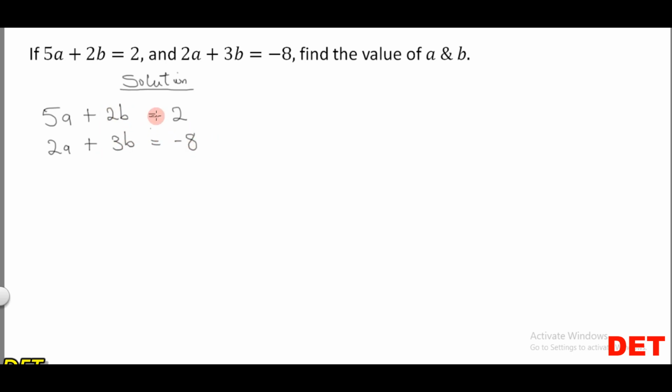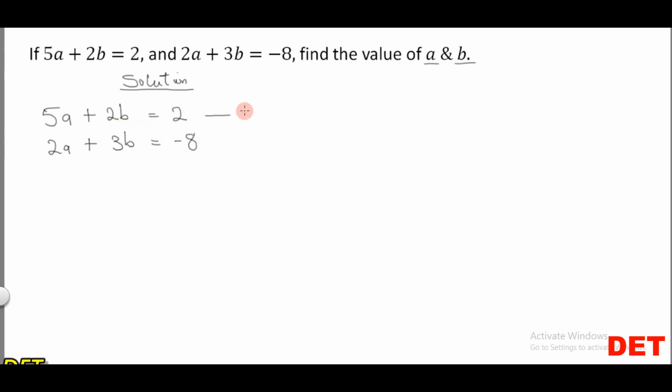These are the two equations that we have, and we're asked to find the value of a and b.